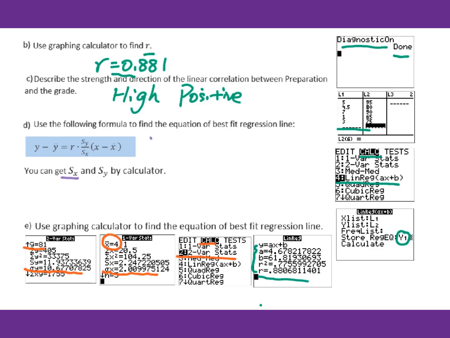Therefore, we plug in y minus 81 equals 0.881 times the standard deviation for y, that is 10.7, over the standard deviation for x, that is 2.01. Then we do x minus the mean for x, that's 4.1.